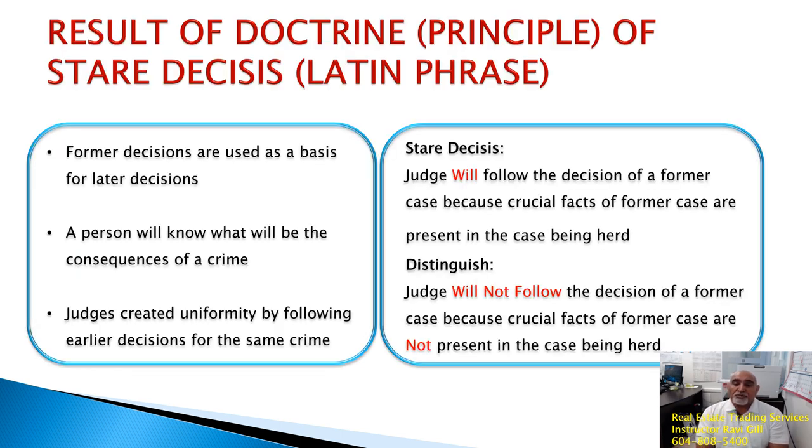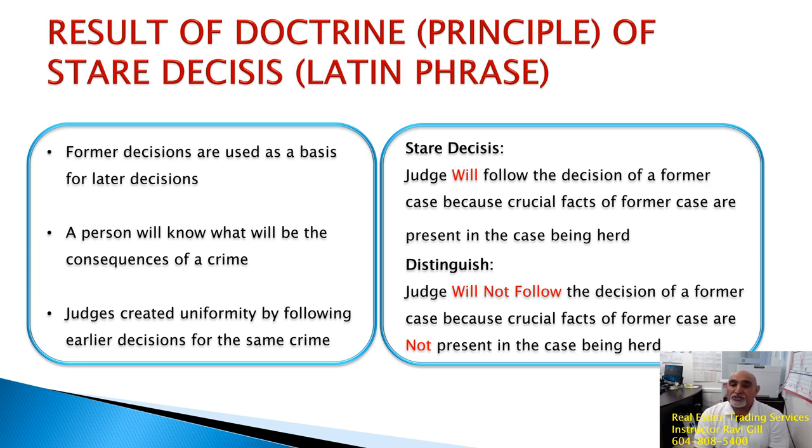Okay, so because of the stare decisis, this is a Latin phrase, okay? Basically it means that former decisions are used as a basis for latter decisions. And because of that, a person who does a crime will know what exactly will be happening to that person. Judges created uniformity by using the same decisions on the same facts.